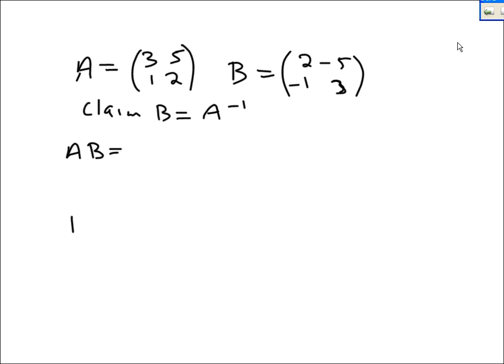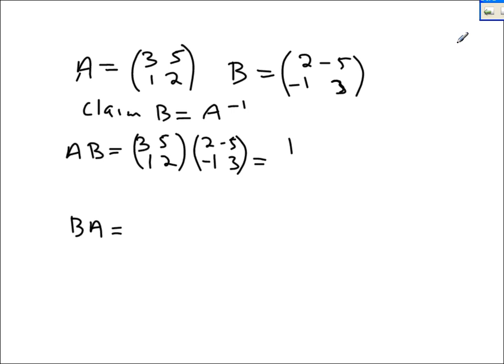AB, what is it equal? And BA, what is it equal? Well, AB, of course, is A, 3, 5, 1, 2, times B, 2, negative 5, negative 1, and 3. And we get 1, and 0, and 0, and 1, which is the identity matrix.